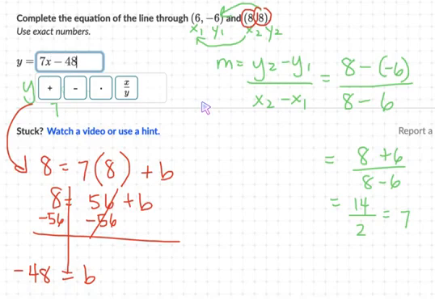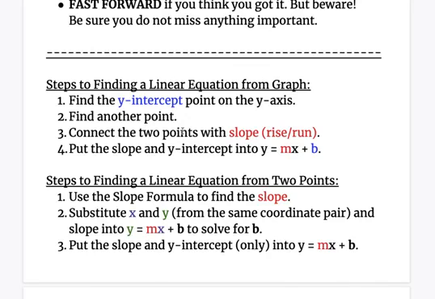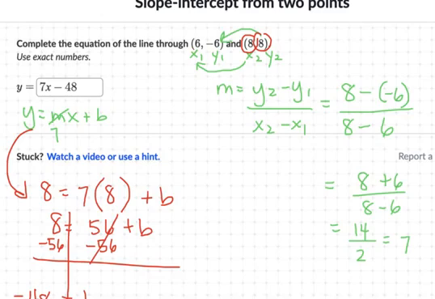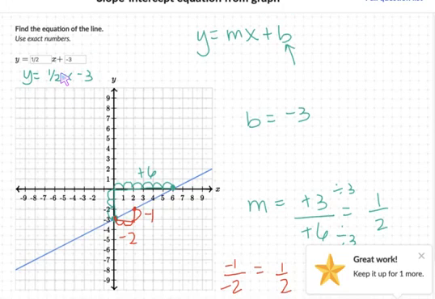So the only things I put into my equation are my slope and y-intercept. That's what we mean by only put in the slope and y-intercept into y equals mx plus b. Because that's all you need for those problems. Just like before, we found the b and the m, and we put those in.